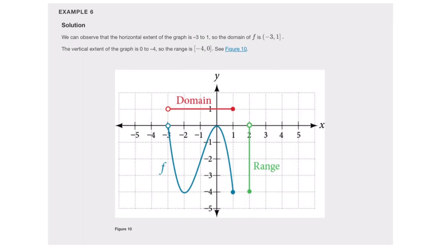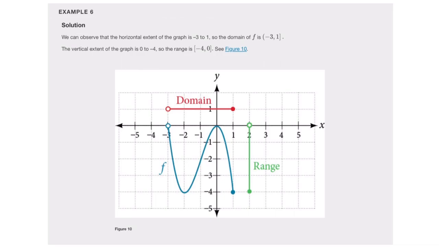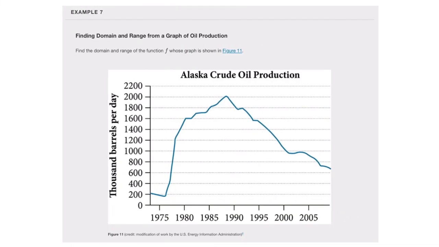Okay, we're about halfway. So find the domain and range of this function given. So the domain, I'll just do it. The very left, how far left does this go? What year is that? Let me see if those are going by 5s. I can't tell if that's the year because it doesn't look like it's 1970.